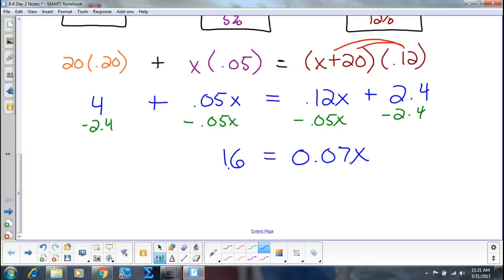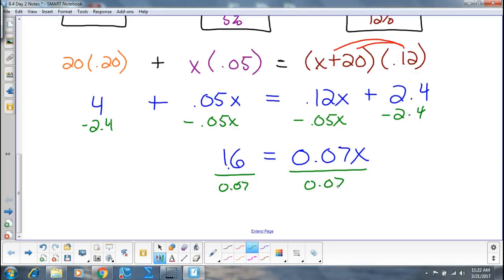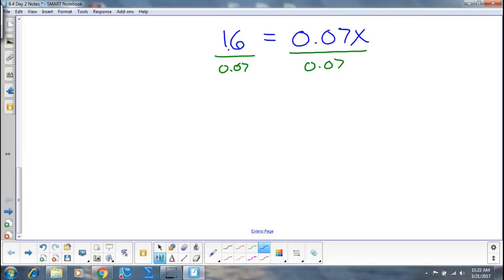So what's x going to equal? What did you say it is? 22.85? Which one is it? 8.5 or 8.6? 22, well, let's just make it easy. Let's go 22.857 then. How's that sound?